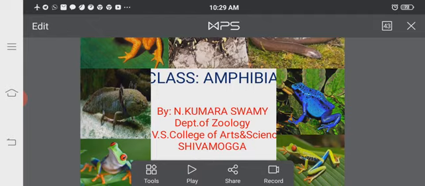So they made an attempt to come out of the water and started living on land. Among vertebrates, they are the first group of animals which came out of the water and started living as terrestrial animals. In this first slide, you will be observing some fascinating colors of different amphibian species.